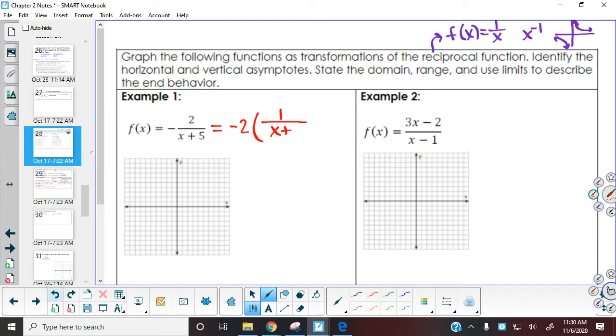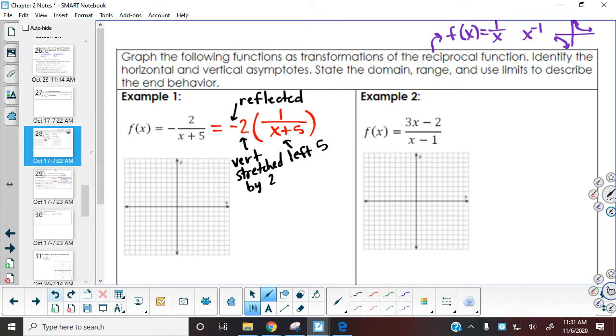As we look at this, we can now tell that this has been shifted left 5 units. It's been vertically stretched by a factor of 2. And then you also have this negative out in front telling us that it has been reflected. So all of those pieces are the transformations we've already been talking about.